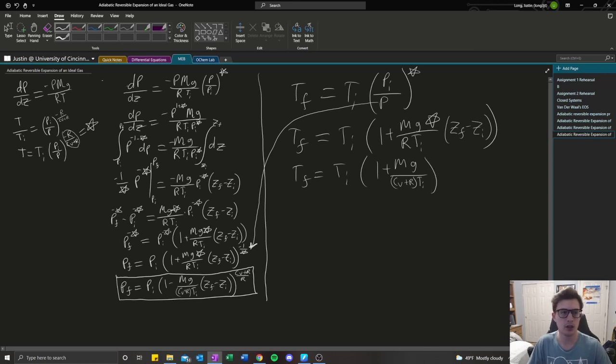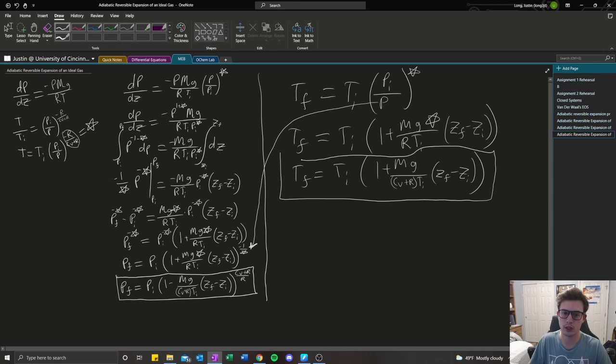Oops, didn't mean for that close parenthesis to happen. Times the final position minus the initial position. And that is our relationship between temperature and position as we go from one pocket of air to another pocket of air.